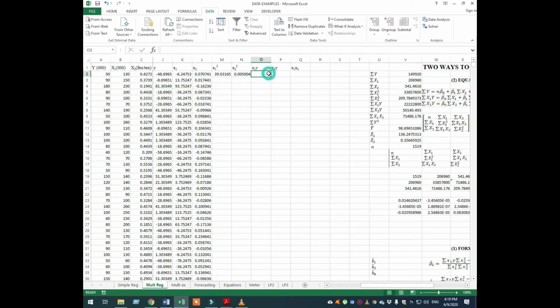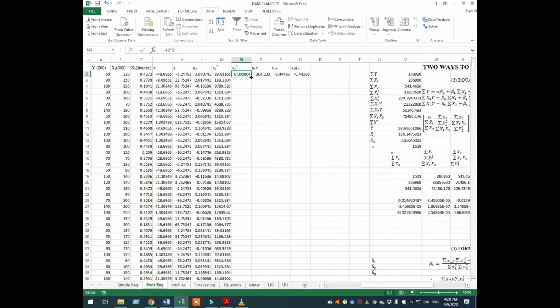This is the product of x1 into y, and that is the product of x2 and y. Then that is the product of x1 and x2. So all this calculation has been done, and now I'm double clicking it to get the whole series in the calculation.